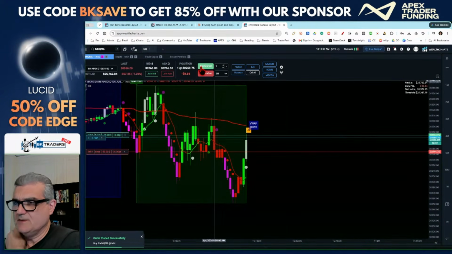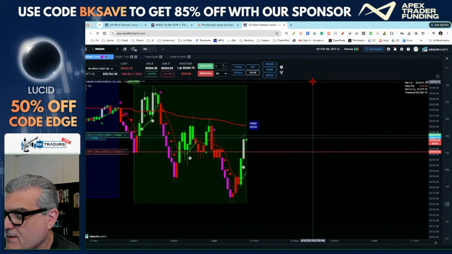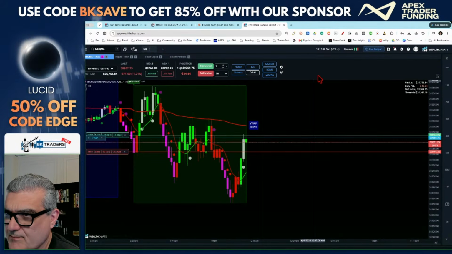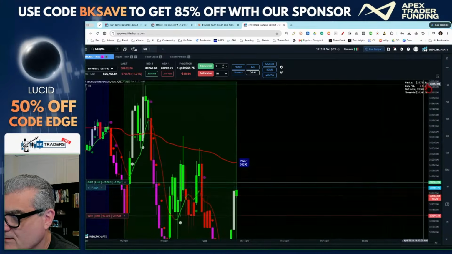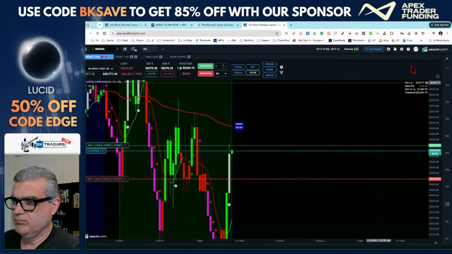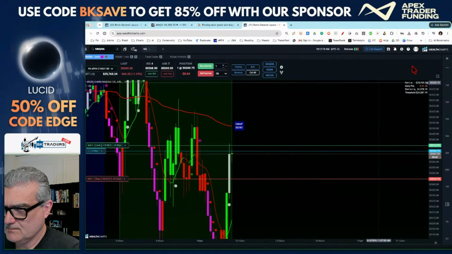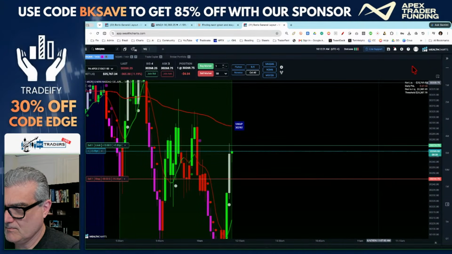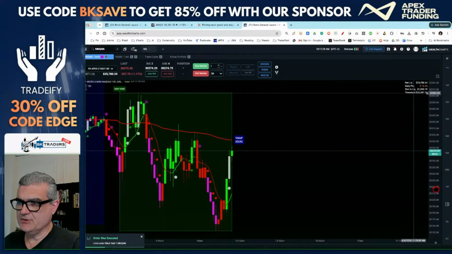All right, let's see if this holds. I just entered a little too early. Let's see if it can make this play. There we go. The bullish reversal works like a charm.